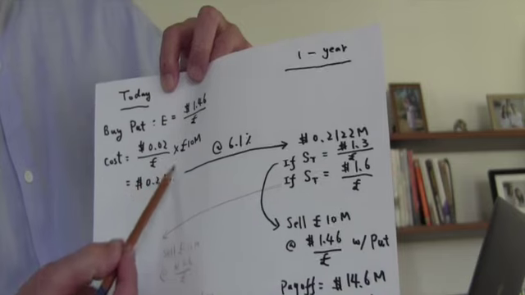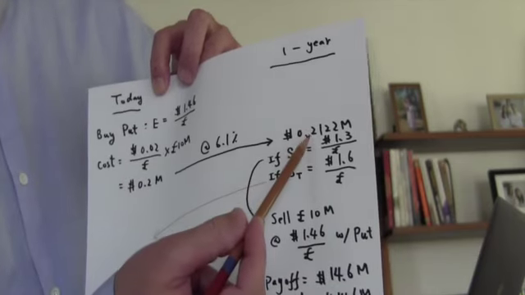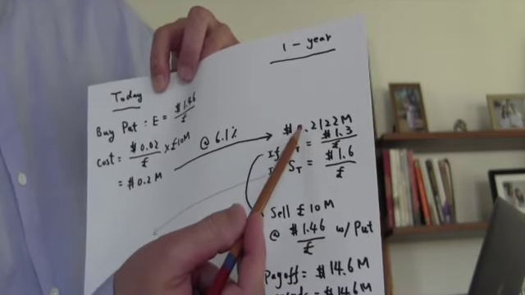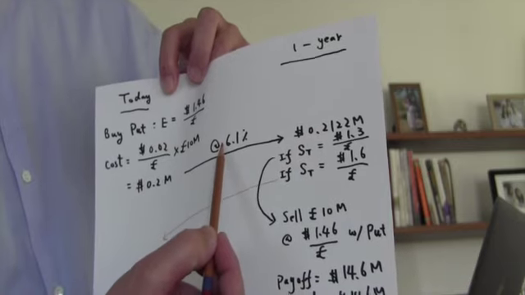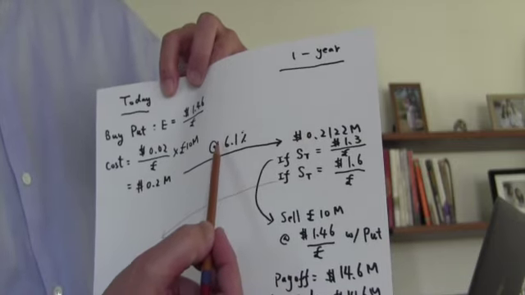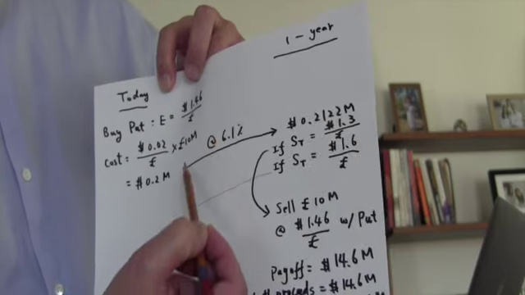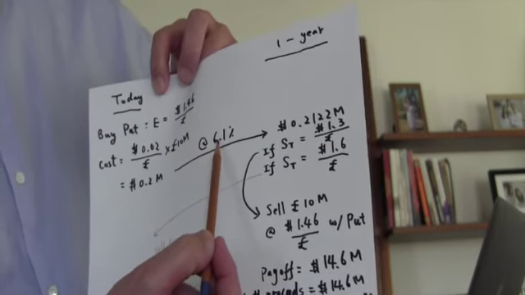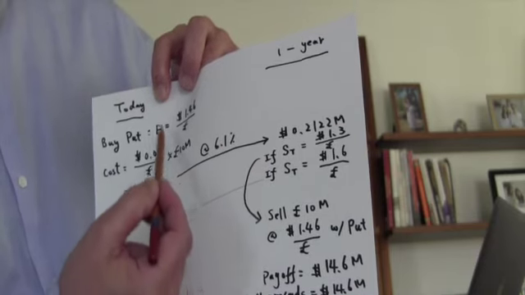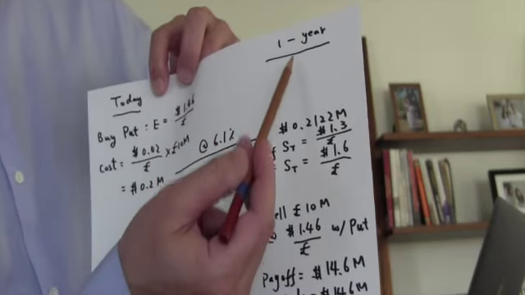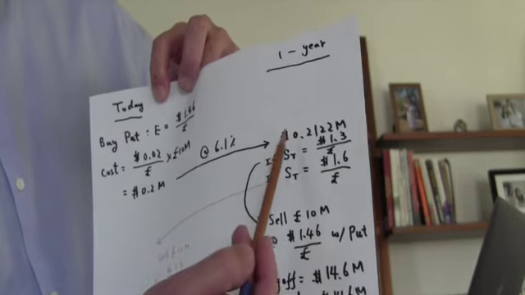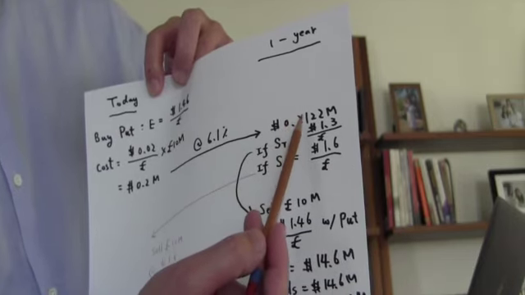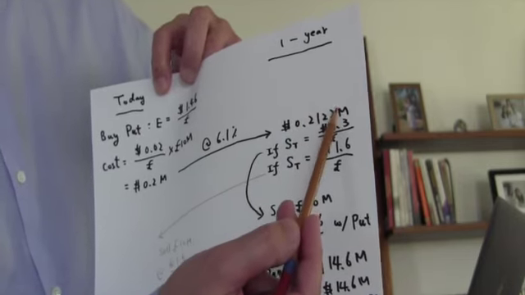This cost today is equivalent to this amount of cost in a year, because we have an interest rate of 6.1% a year. Over this year with a time value of money of 6.1%, the cost of purchasing this put, 1 year later, would be $0.2122 million.